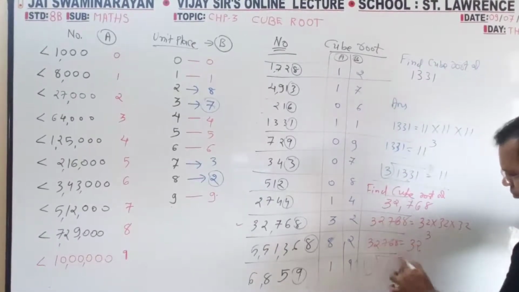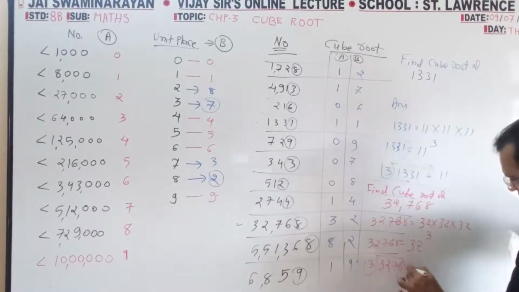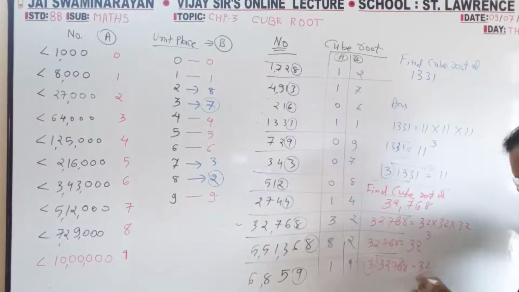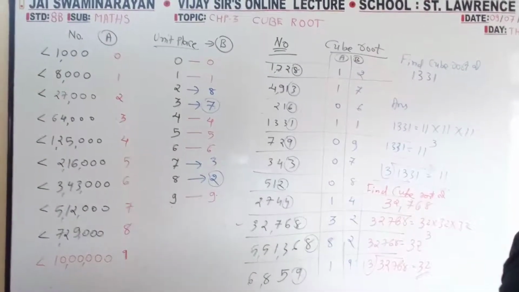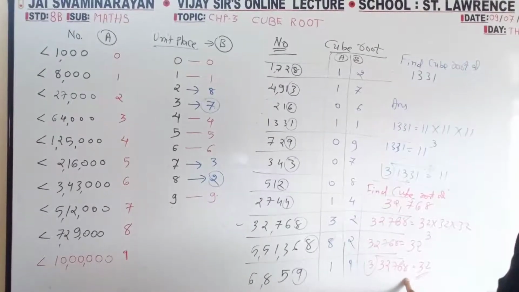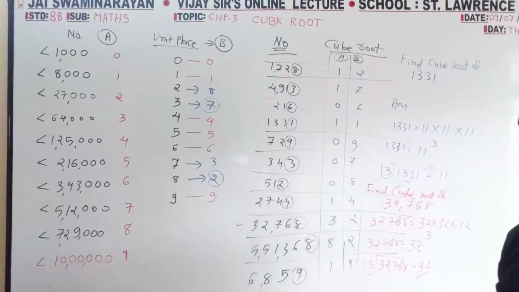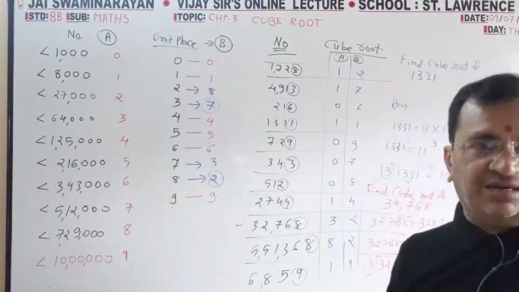Now the cube root like this you have to write for 32768. So your answer is 32. Like this you have to write the final answer. This is the method how you will show it in the exam.